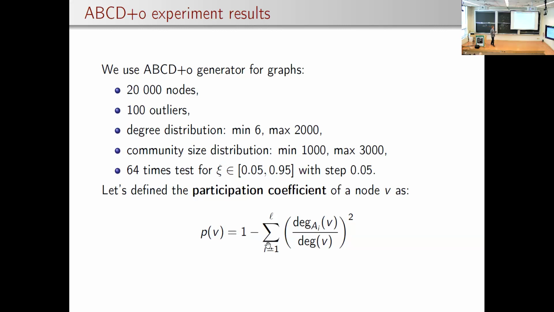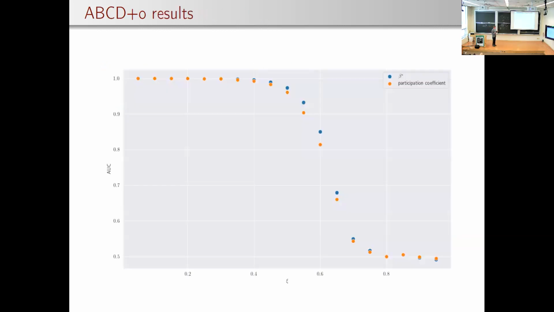We get these results: if the noise level is low, we have the same perfect results for searching outliers. And if the level is more than 0.4, beta star can search the outliers better than this participation coefficient.